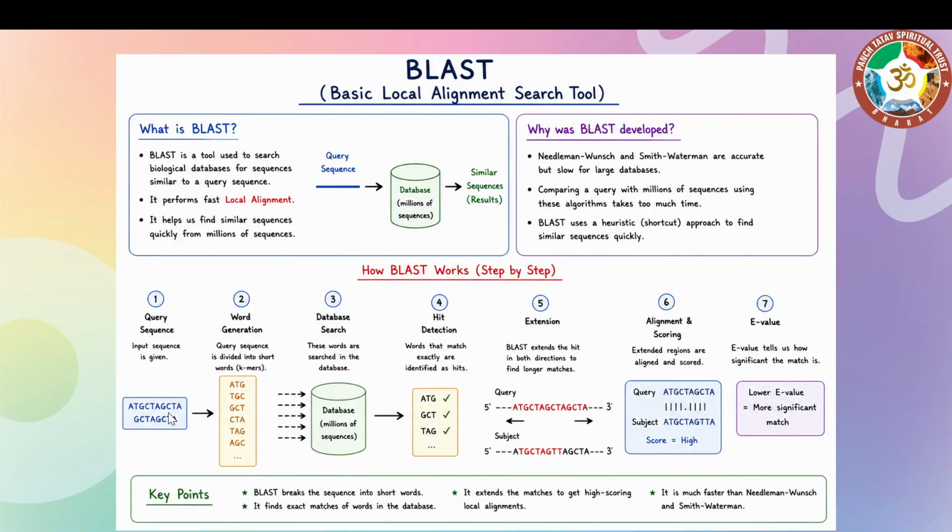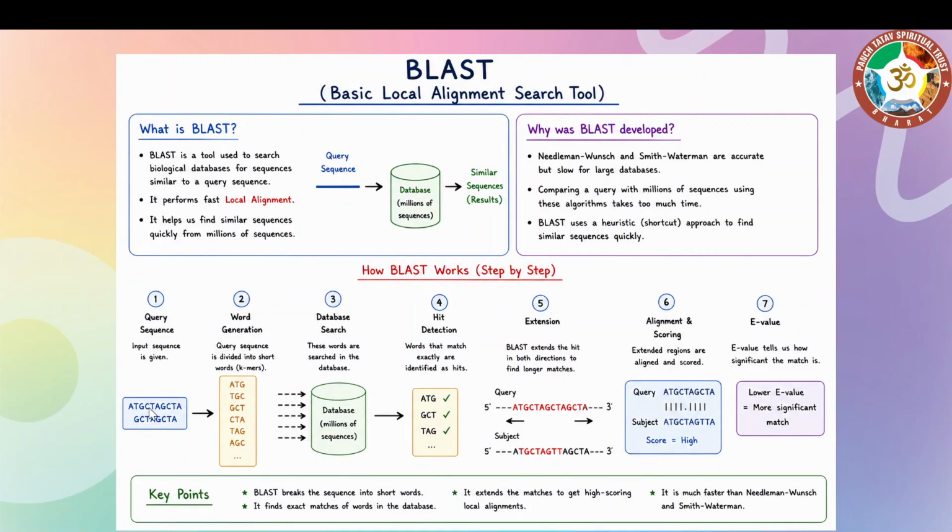Now, what does BLAST do? For example, this is our sequence here. BLAST will take our sequence and search large databases like NCBI to find sequences similar to our sequence.